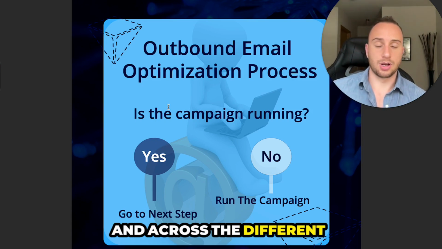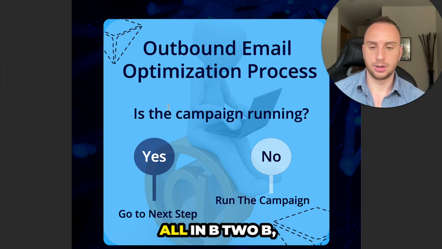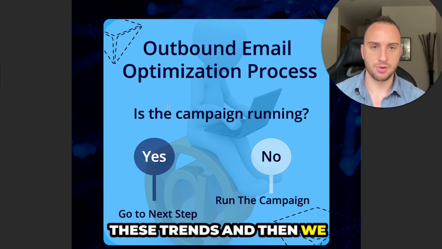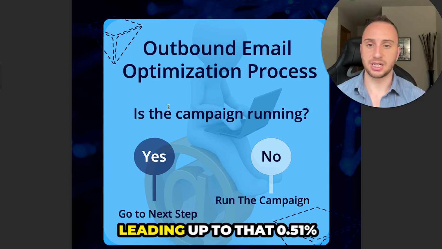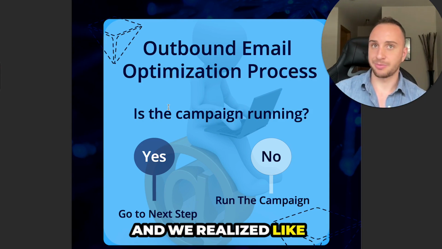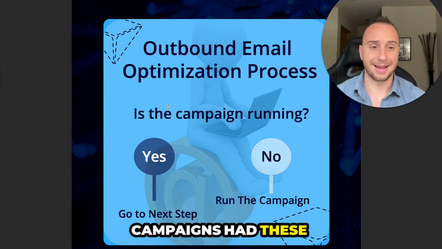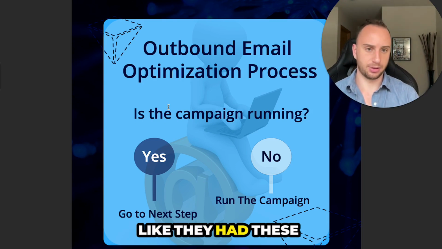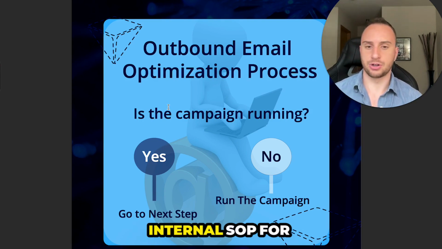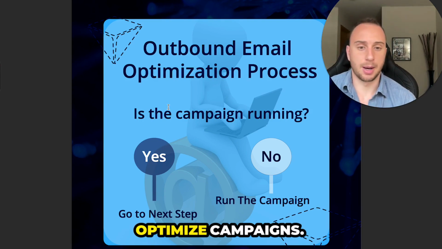Across the different industries that we worked with, all in B2B, we started to notice these trends. We quantified these KPIs leading up to that 0.5 to 1% conversion rate, and we realized most of the successful campaigns had these numbers going for them. So we built an internal SOP on how to optimize campaigns.